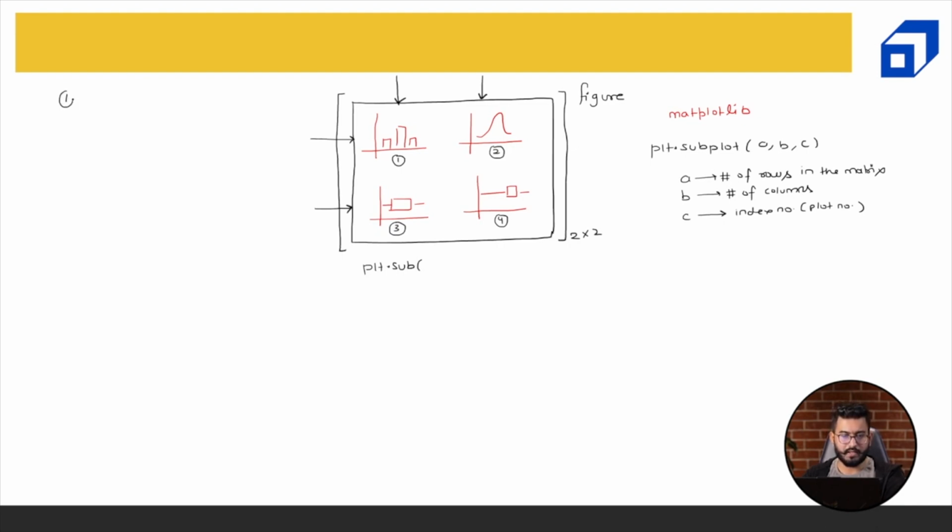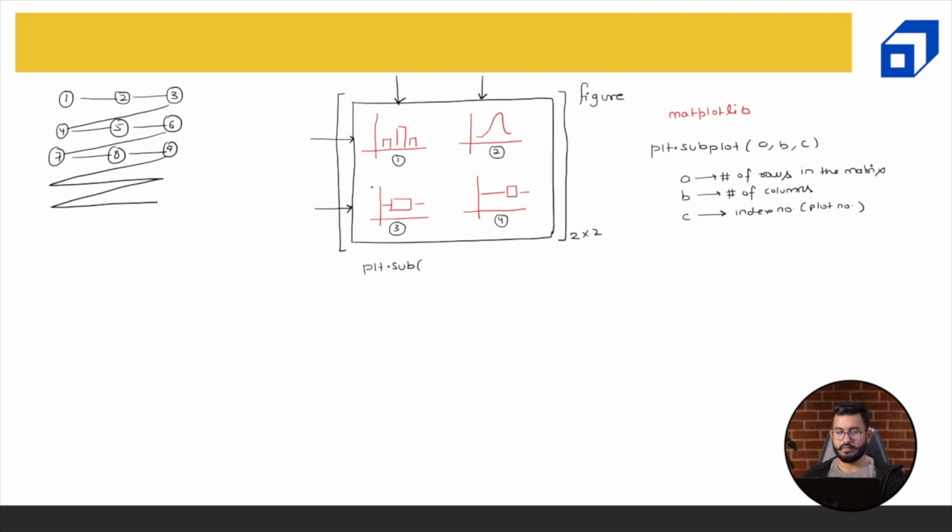So I start from here, 1, then 2, and if I have more plots, then 3, 4, 5, 6, and again 7, 8, 9, and so on. We can keep on doing this in a zigzag. Since we have 4 plots, it is 1, 2, 3, and 4.